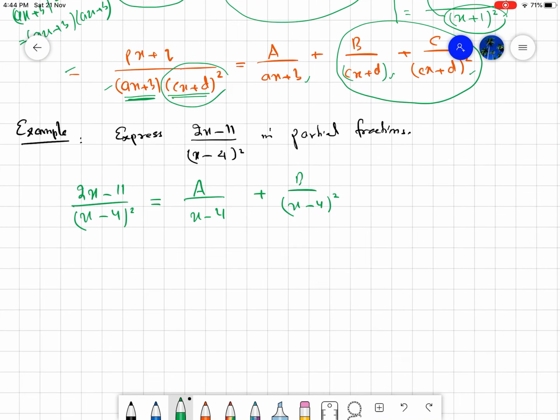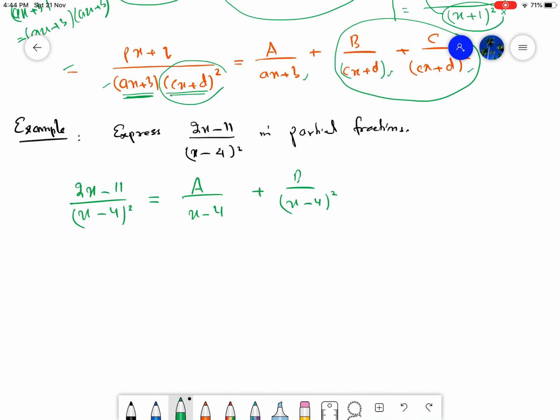First of all, get rid of the denominator by multiplying each and every term by (x minus 4) whole square. You will get 2x minus 11 equal to A times (x minus 4) plus B, because the (x minus 4) whole square in the denominator cancels out.